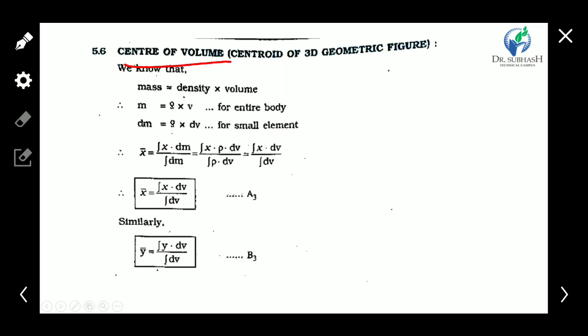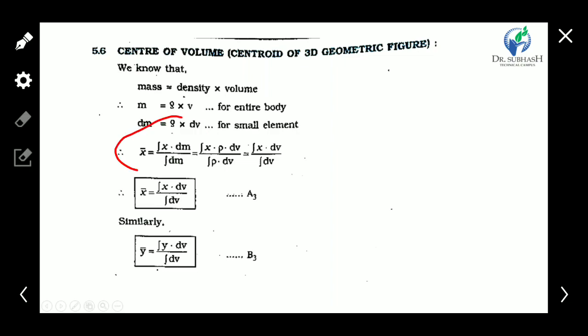Center of volume, centroid of 3D geometry. We know the density equation: density is equal to mass upon volume. So mass is equal to density into volume. This is for total weight, and for a small element, dm is equal to rho into dv.